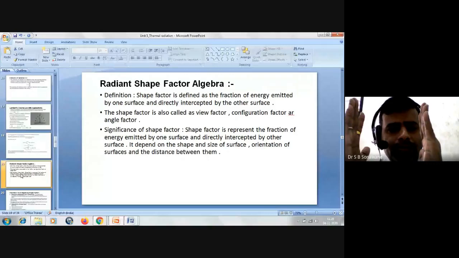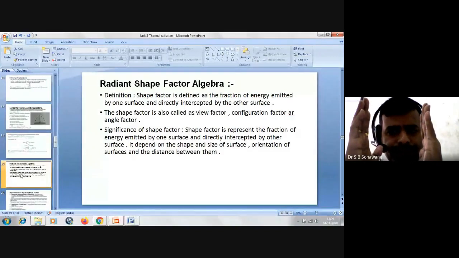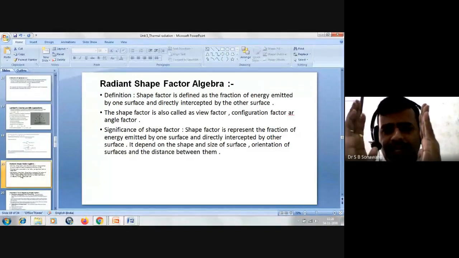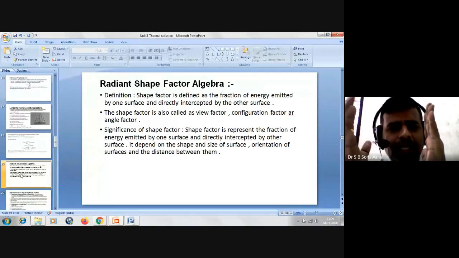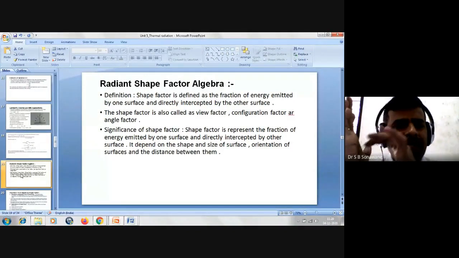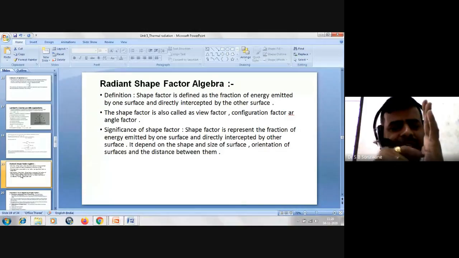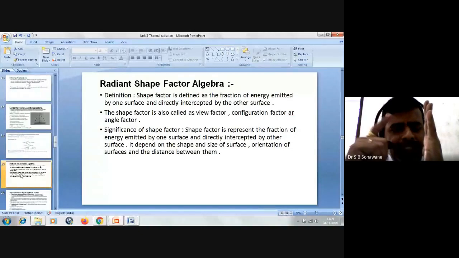Now, if one surface is emitting certain energy, out of that, how much energy gets directly intercepted by the other surface? Suppose Q1 is emitted by this surface.